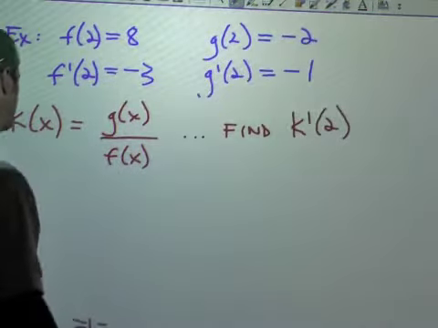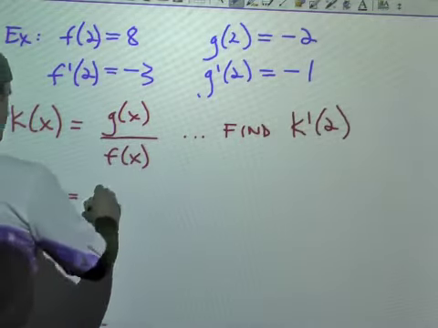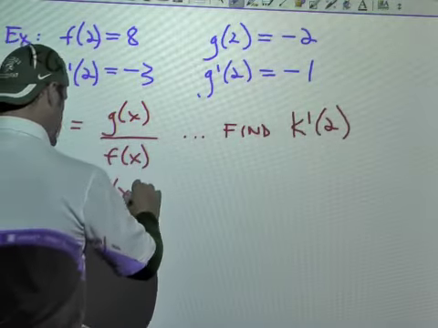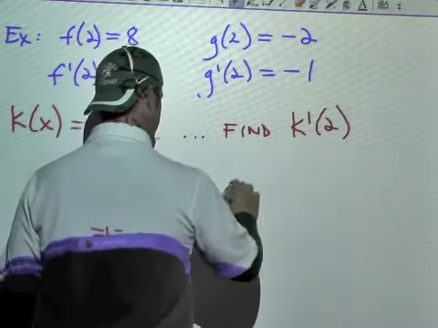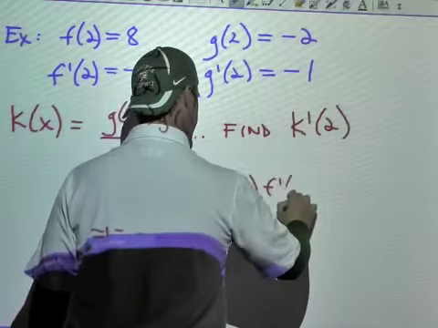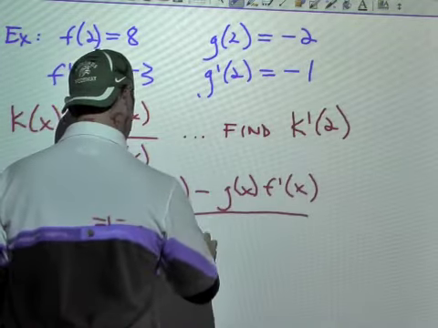And here we go. So the way you should have approached this is using the quotient rule. It's bottom times the derivative of the top minus the top times the derivative of the bottom all over the bottom squared.